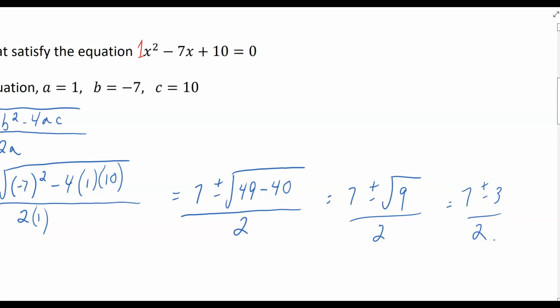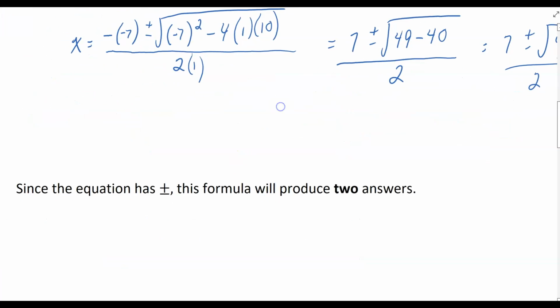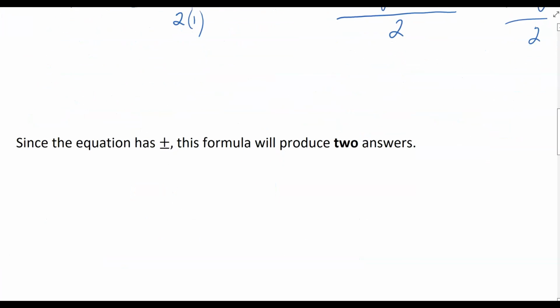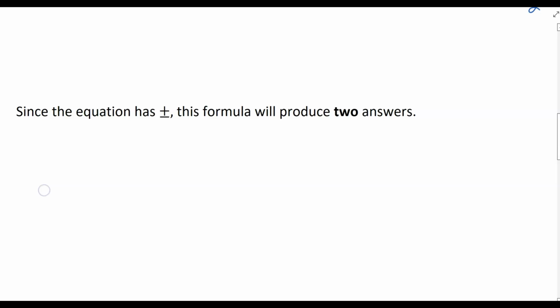Okay, you see I've carried on that plus or minus. The plus or minus in this formula means that this will produce two answers. x equals 7 plus or minus 3 over 2. So now we should really split those, okay?